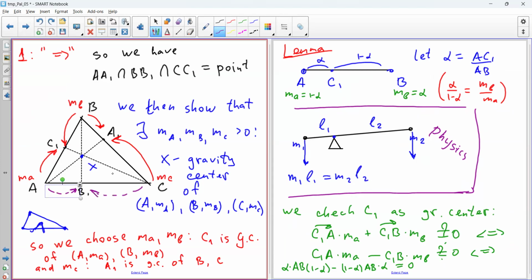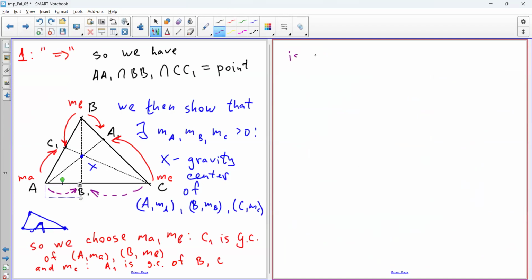So the question is, is it true then that B1 is the gravity center of A and C? And it is indeed.